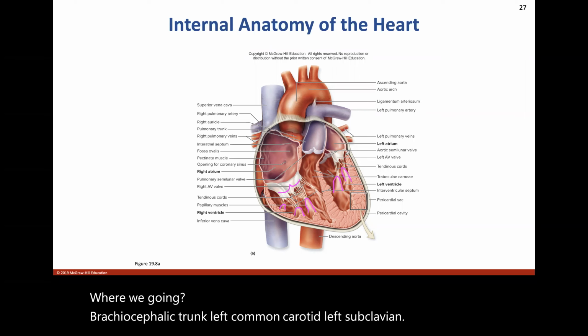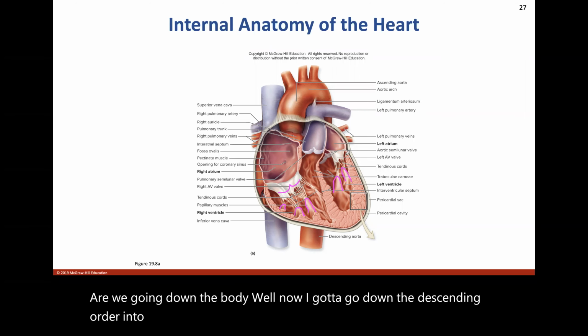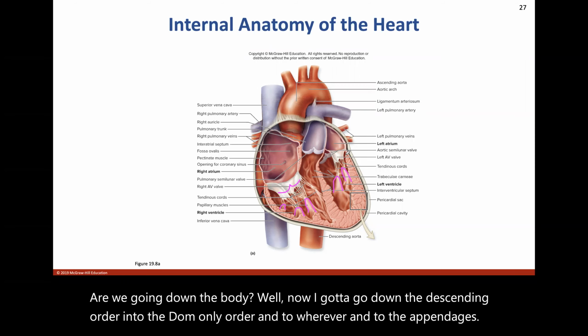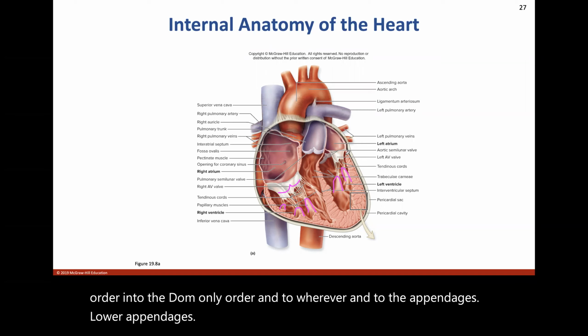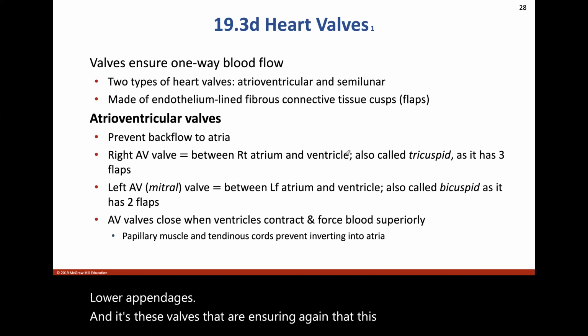Are we going down the body? Well, now I go down the descending aorta, into the abdominal aorta, into the appendages, lower appendages. And it's these valves that are ensuring, again, that this fluid, blood, goes forward through the system.